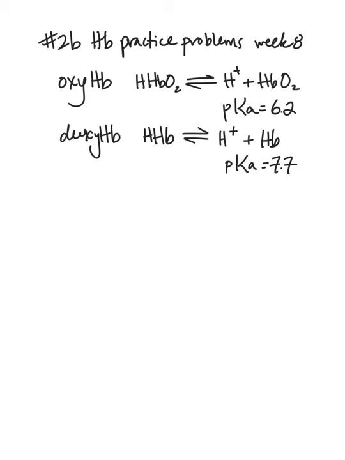And so in 2B, you're told that a student is making a 1 liter solution of 2 millimolar hemoglobin, and it's at pH 7.4. And the oxygen saturation is 80%.